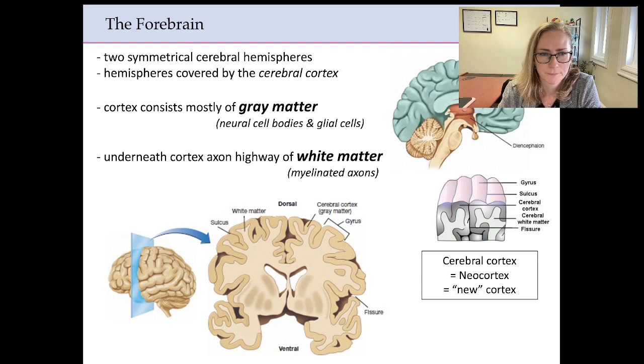Okay. What else do I have on here? Yeah, two hemispheres covered by the cerebral cortex. And then we often call this the neocortex, and that's just on the outside. Neo, because of evolutionary reasons, it's the newest cortex that expanded and evolved, and where really our higher cognitive functioning is, that not all animals share with us, being humans.